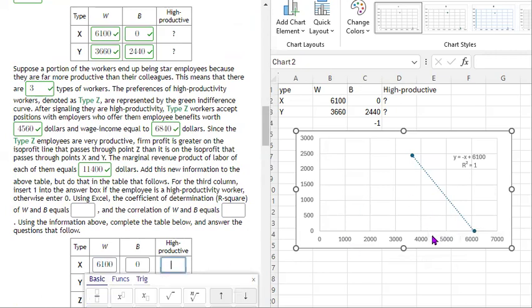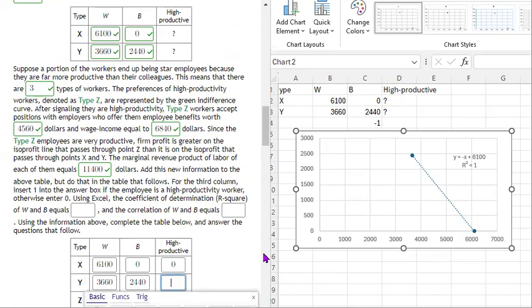And both of them were low productivity workers. And then the high productivity worker, type Z employee, their wage income is $6,840, and the value of their benefits is $4,560.